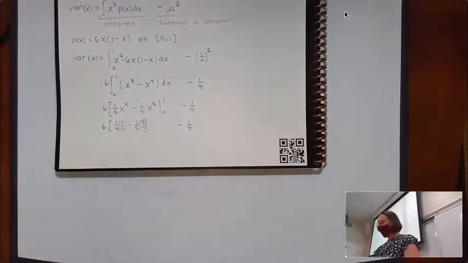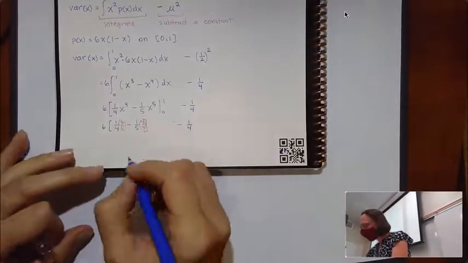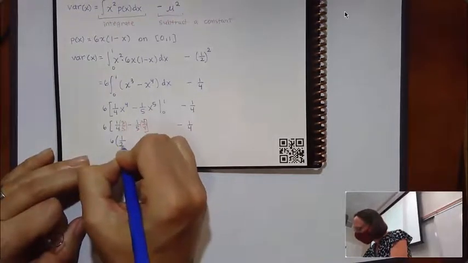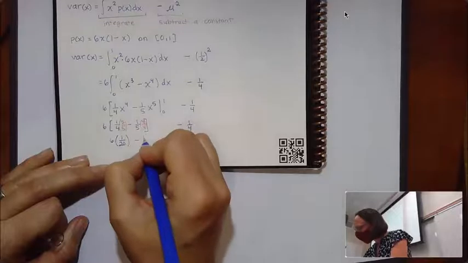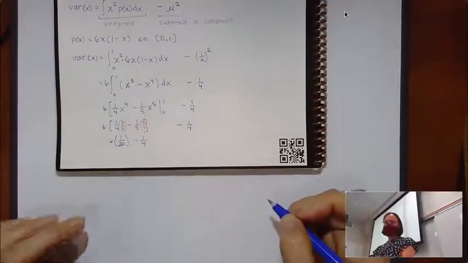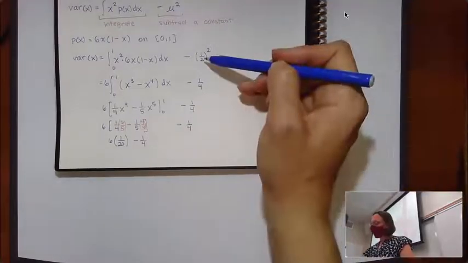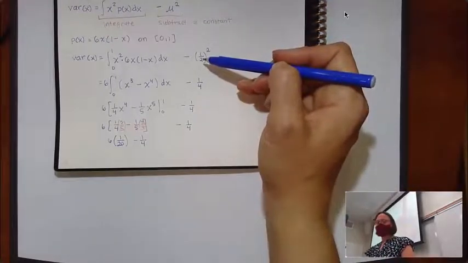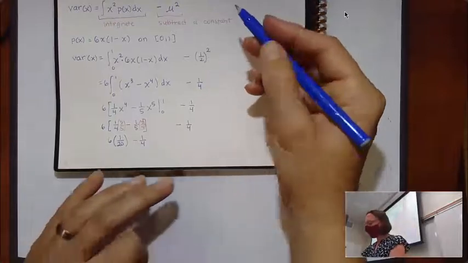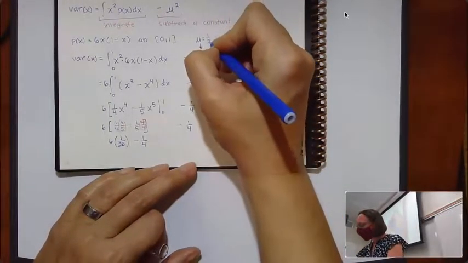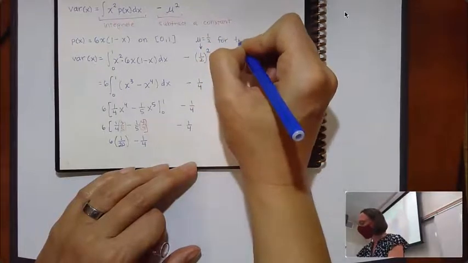So I'll have 5/20 minus 4/20. So that's a 1/20 and then minus 1/4. The 1/2 squared came from the work we did on the previous page. So the mu is equal to 1/2 for this function.